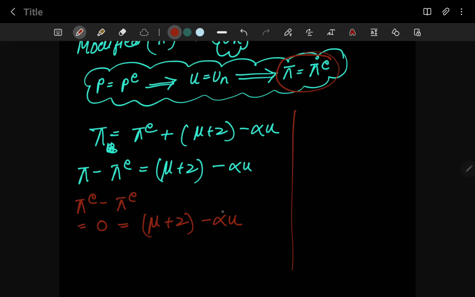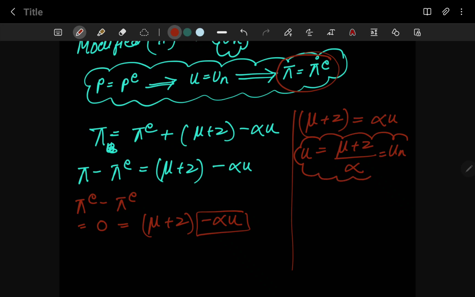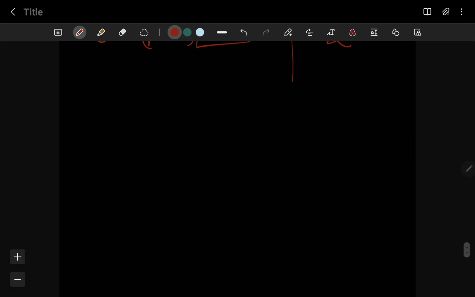Now if we take this to our left hand side, we have alpha u is equal to this, and u is equal to mu plus z by alpha, which is equal to u_n. Okay, now remember this, because u is equal to u_n.